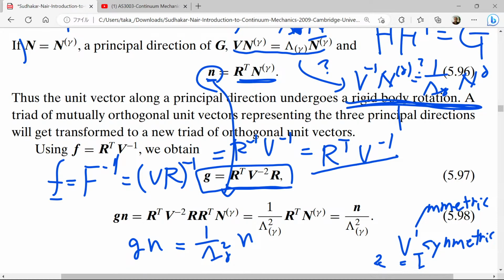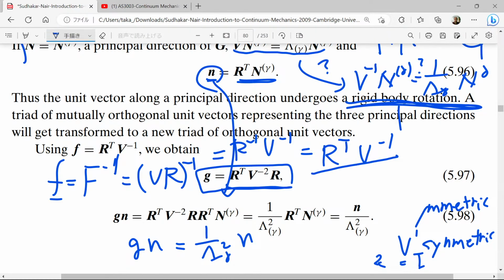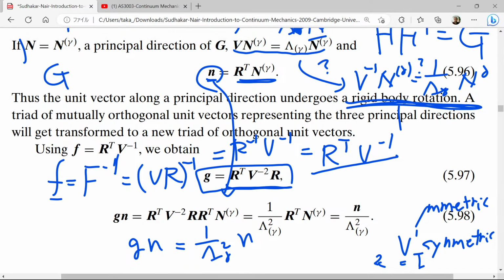What we have before was this G, large G, large N is lambda gamma square N. This is like gamma.